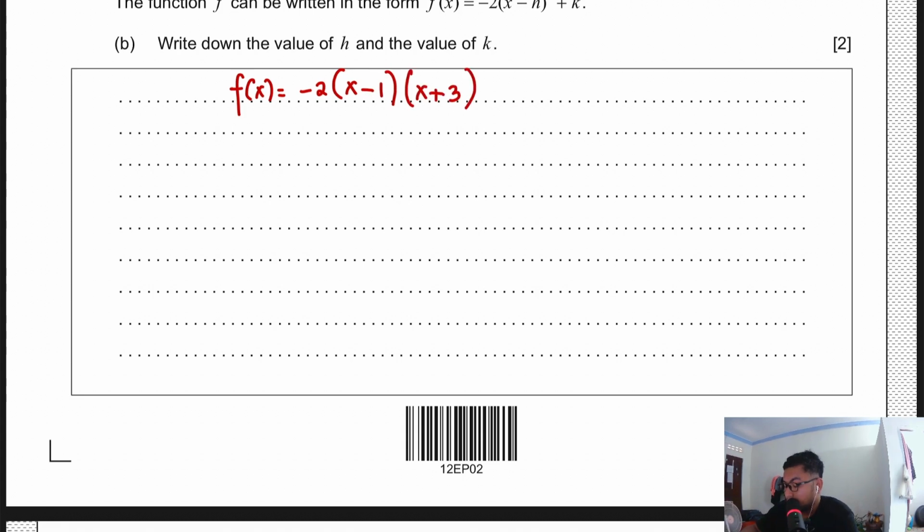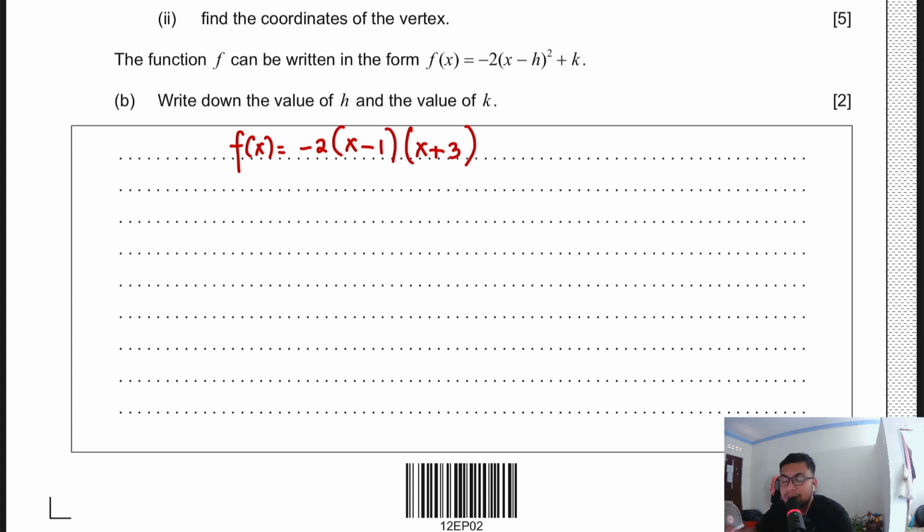First of all, when they're asking you about the x-intercept, in order to find the x-intercept, we just let f of x be 0. But if they ask about the y-intercept, we let x be 0 and plug into f of x, and then find f of x.